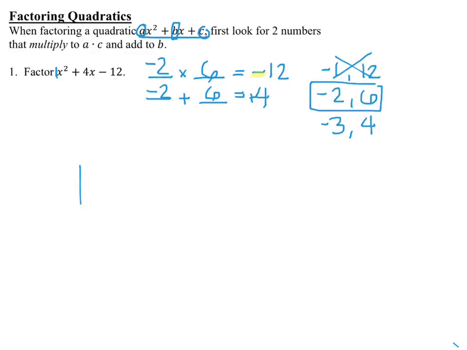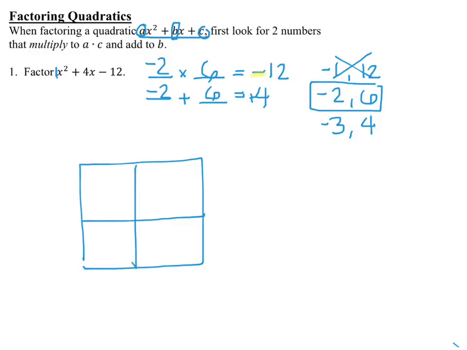So when I make the box here, my top left is just going to be this x squared from my original question. The bottom right is going to be the negative 12 from the original.